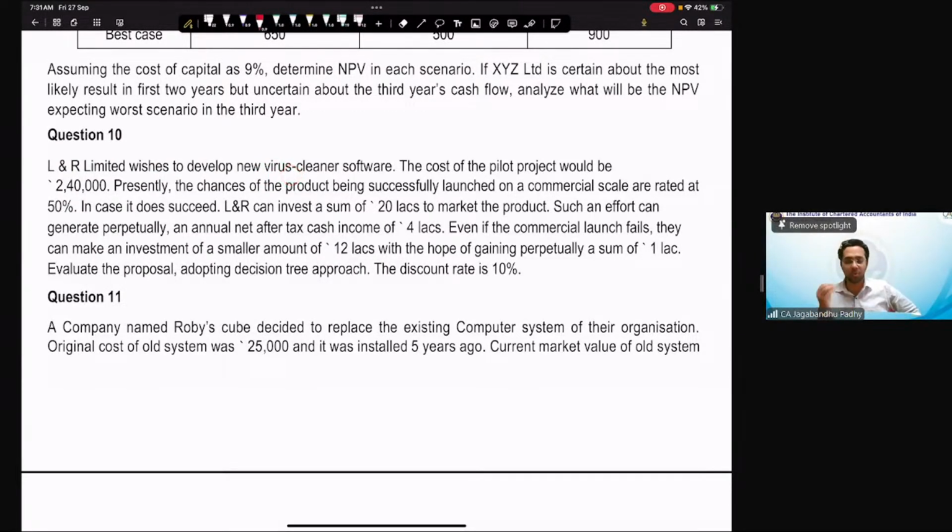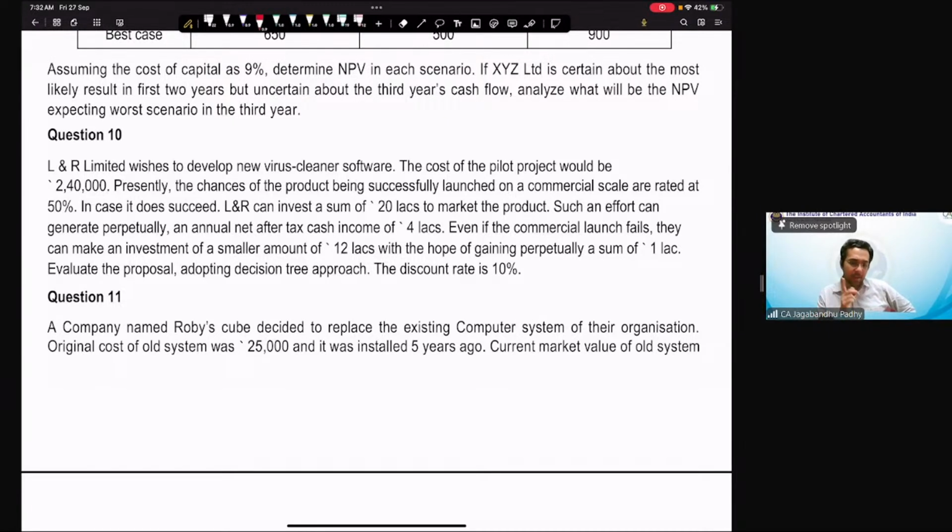Essentially, we are looking at a project. Okay, the cost of the pilot project would be 2,40,000. So this project will require us to invest 2,40,000 today. Presently, the chances of the product being successfully launched on a commercial scale are rated at 50%. So this pilot project is going to be launched at a cost of 2,40,000.